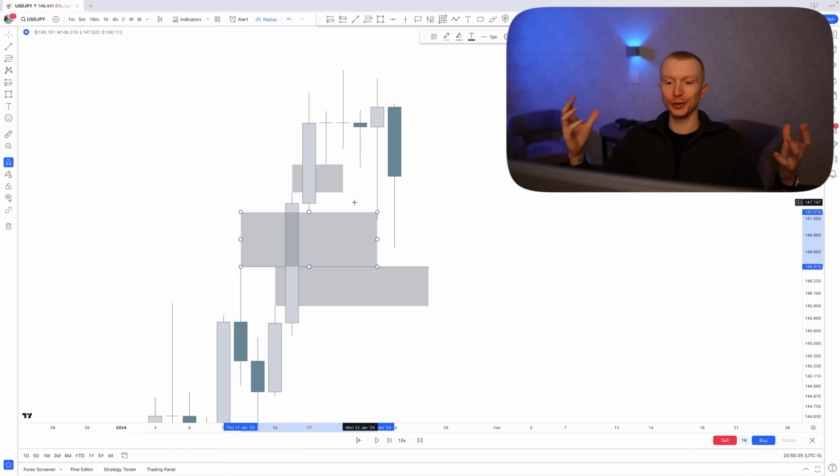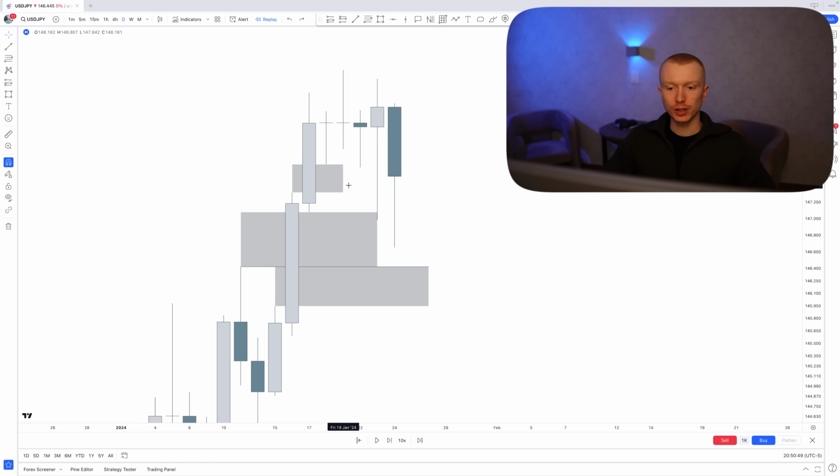Now, one beautiful analogy that I can use is that price is seeking cookies. It wants the most cookies. And if price is not content with one cookie right there, and it leaves it behind, it throws it away, it wants more cookies, then why would it go for another one cookie right there? It wants more cookies. So it's going to go for two cookies, which is the overlapping defense.